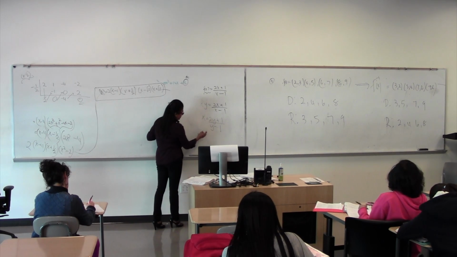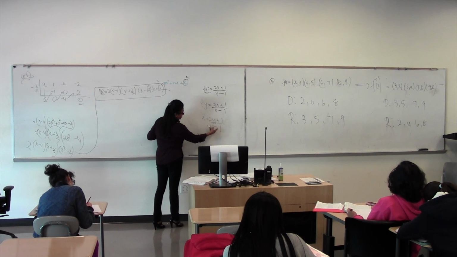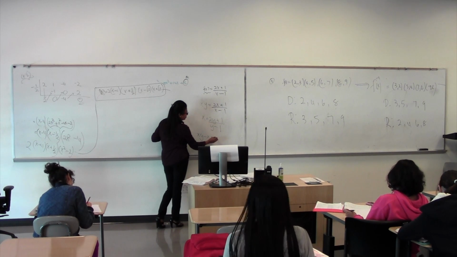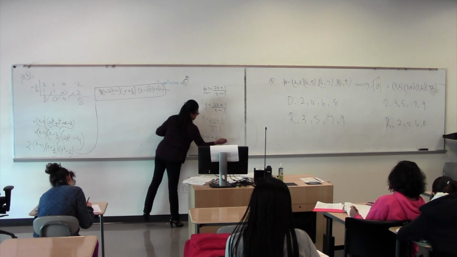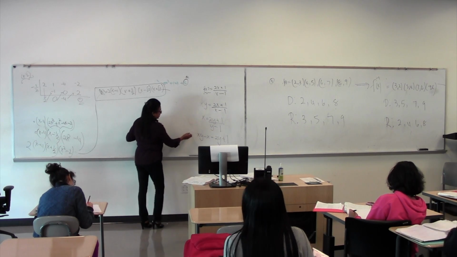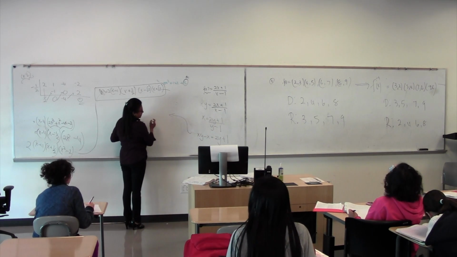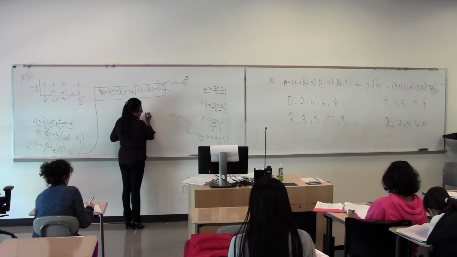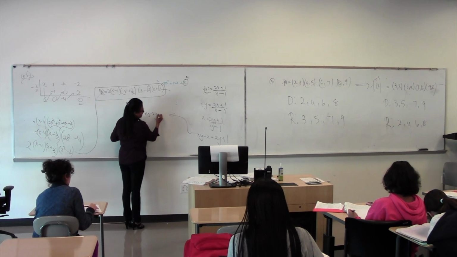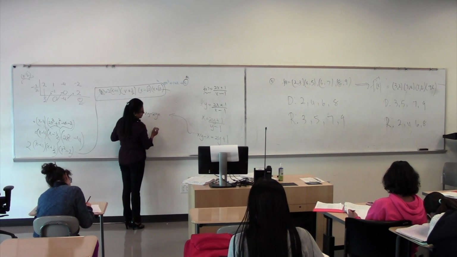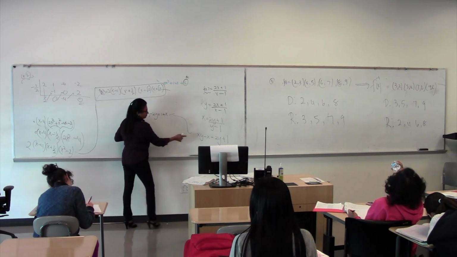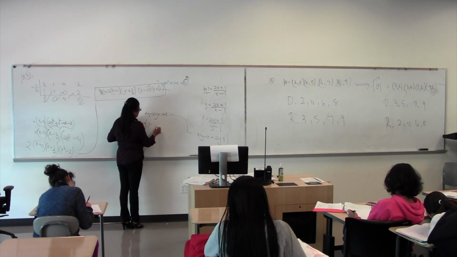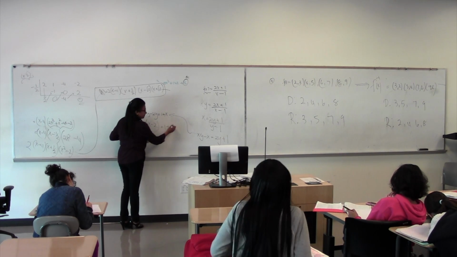x times y minus x, just cross multiply this, is equal to 2y plus 1. Now we have to solve for y. So xy minus 2y is equal to 1 plus x. Now factor y out: y times (x − 2) equals 1 plus x.